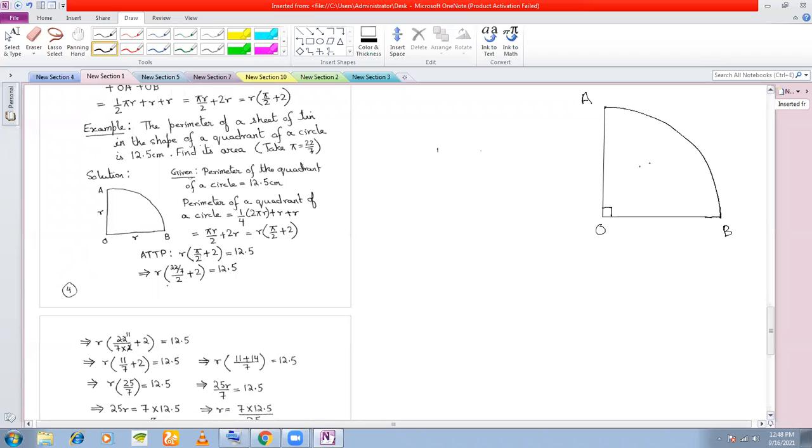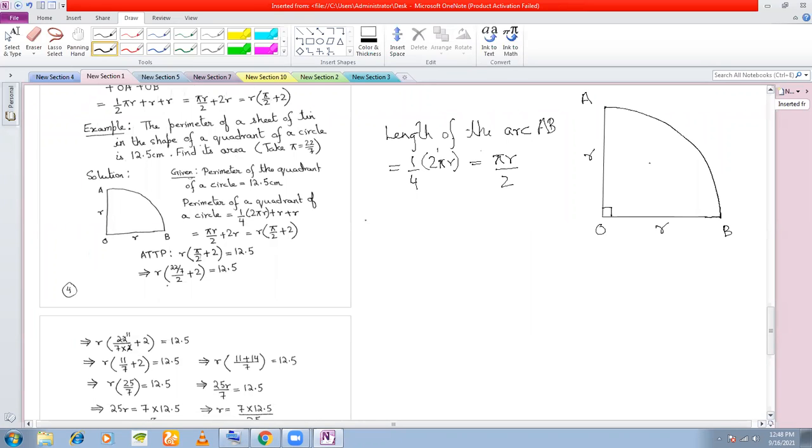So let us first find out the perimeter of the quadrant just as we did earlier. Okay. If the radius is r, therefore what is the length of the arc AB? One-fourth 2 pi r, which is equal to pi r by 2.